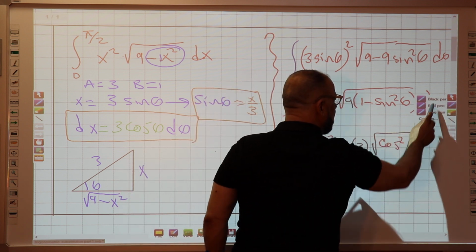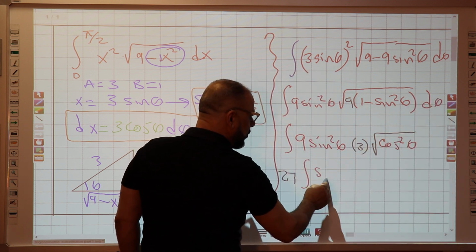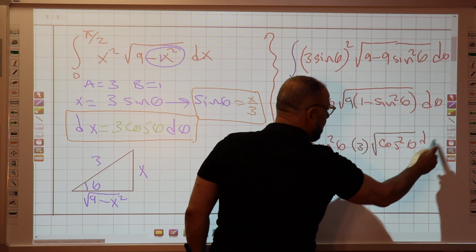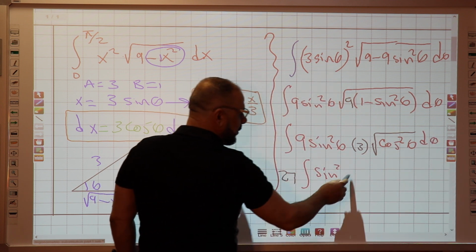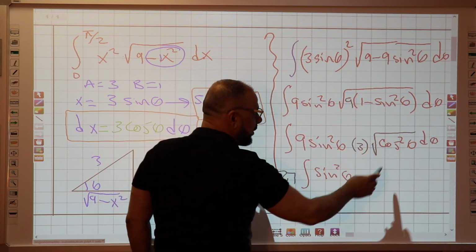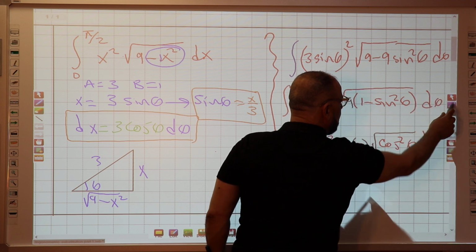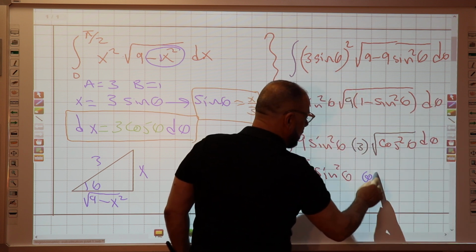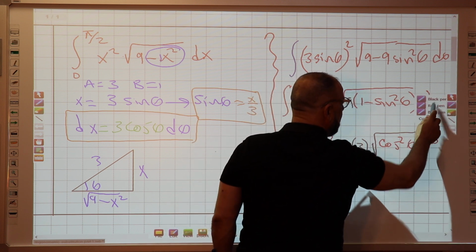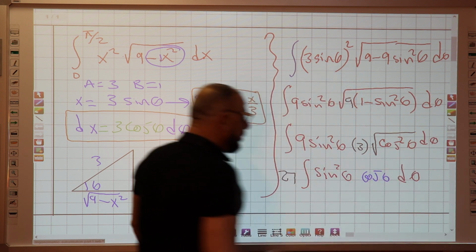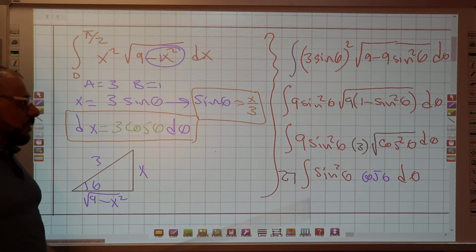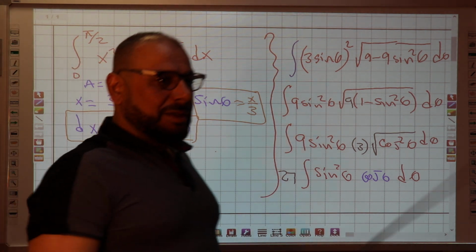So 27 times the integral of sine square theta cosine theta d theta.